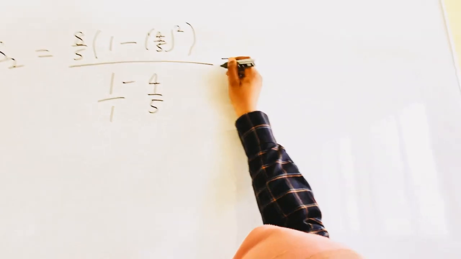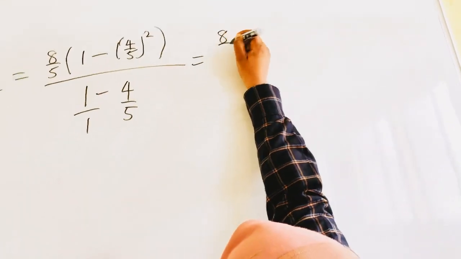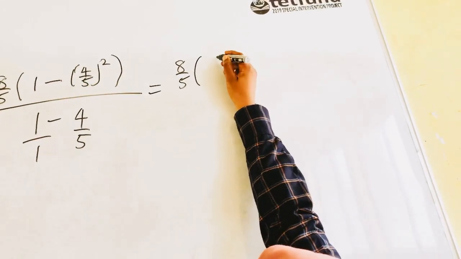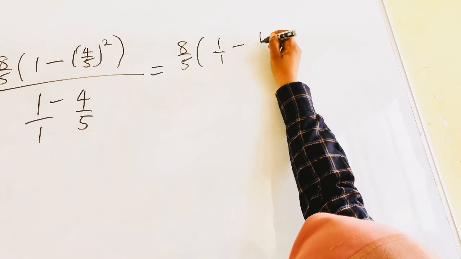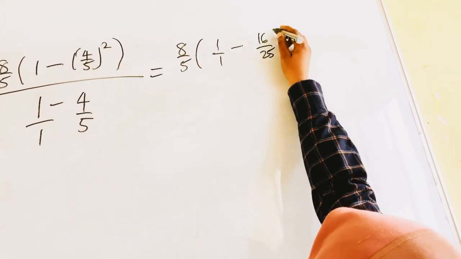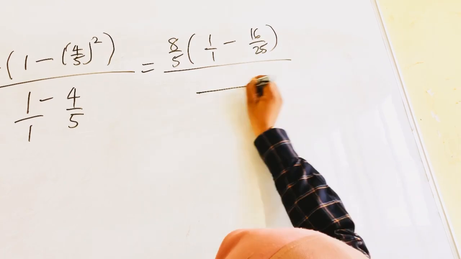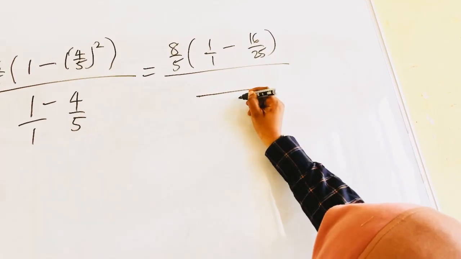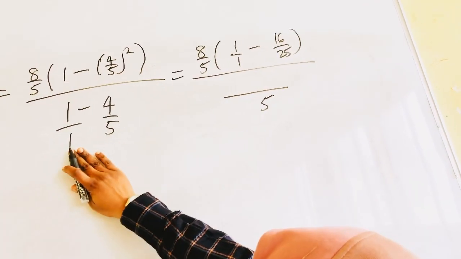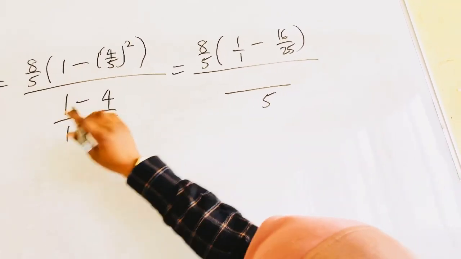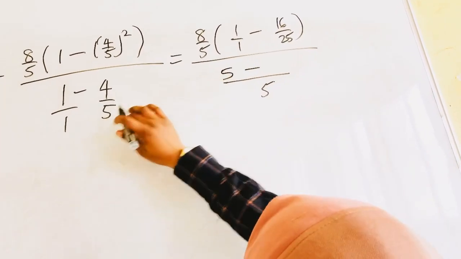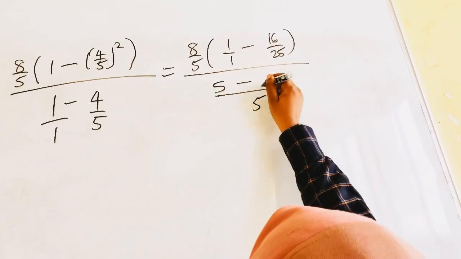So let's simplify. We have 8 over 5 into bracket 1 minus 16 over 25, everything over 1 minus 4 over 5. The LCM of 1 and 5 is equal to 5. So how many 1 can we get in 5? 5. 5 times 1, 5. How many 5 can we get in 5? 1. 1 times 4, 4.